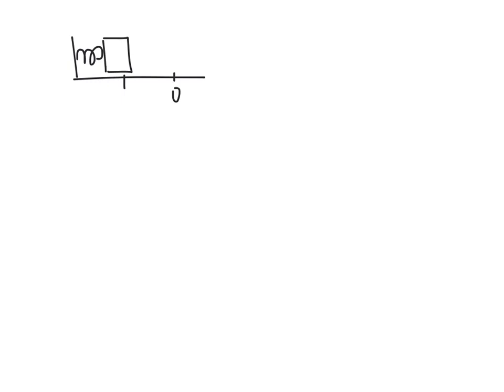What's happening here is once this spring decompresses, it'll launch the block and it'll slide along a surface and come to rest in 6.8 meters, which is a very long distance. So at this point, the block has no speed.